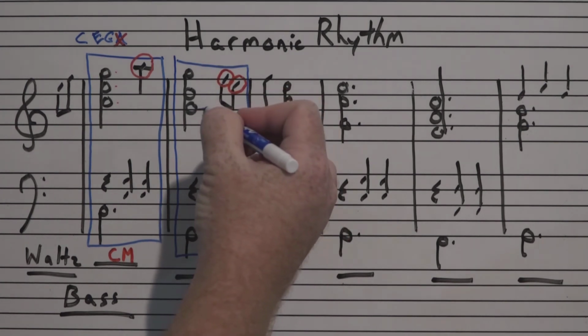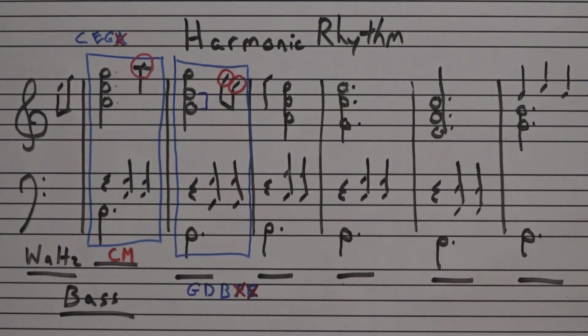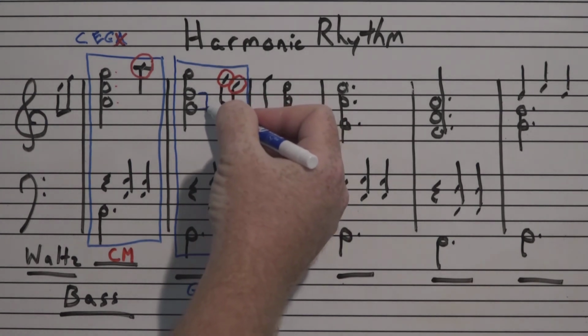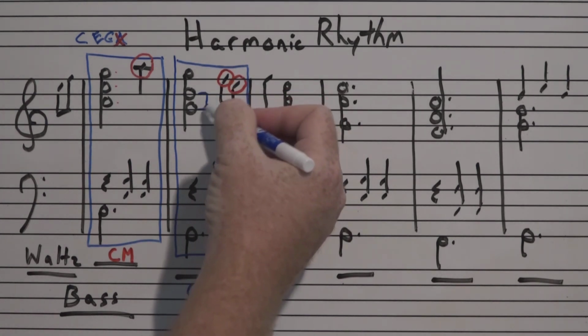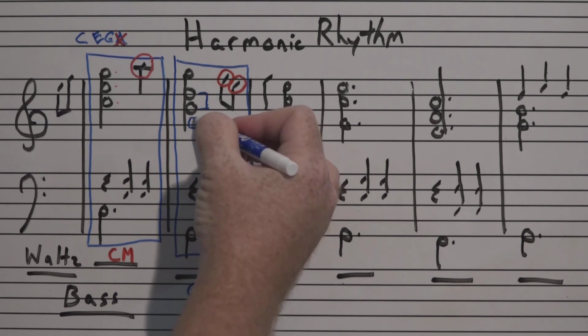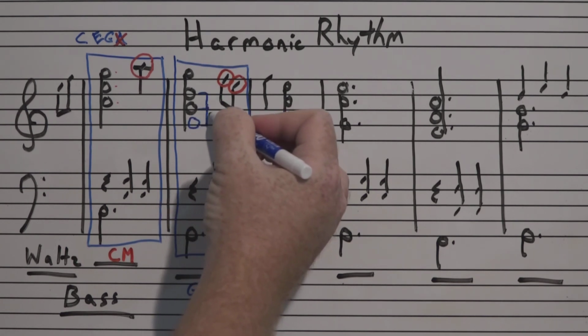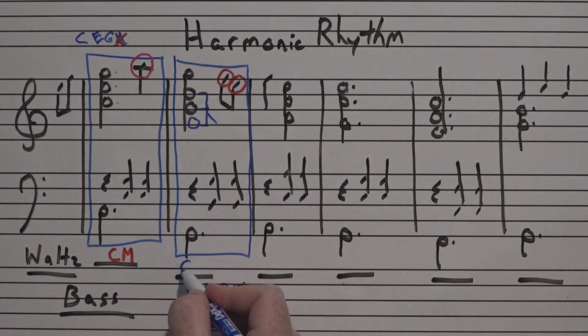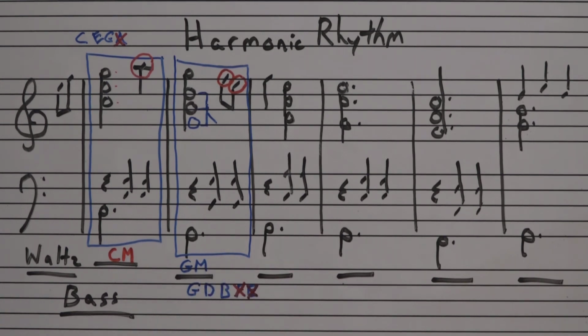Here's a third right there. That can be an indicator of the triad we're looking for, because we have a D and a B. We don't have an F, but we have a G. And there it is, G, B, and D. This is G major.